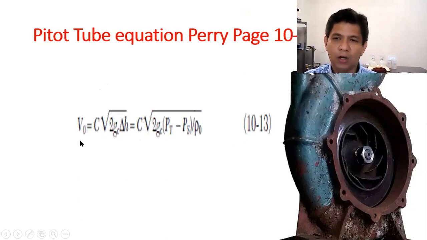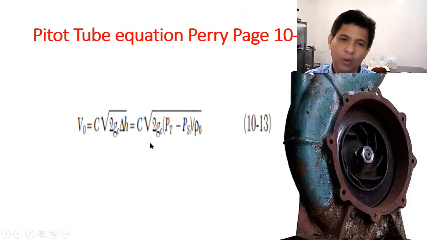So basically the velocity in the middle, which is actually the maximum velocity, is equal to C, this is the constant, 0.98, times the square root of 2gc, this is, if you have the English system, 32.174 pound mass times feet per second squared per pound force. For SI system, this is simply 1. So times PT minus PS.